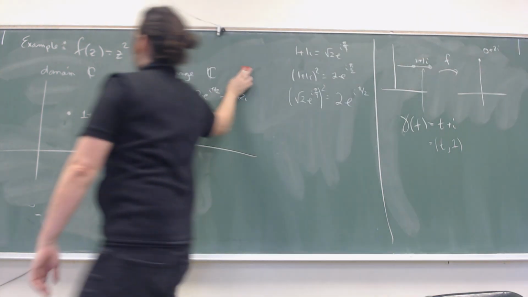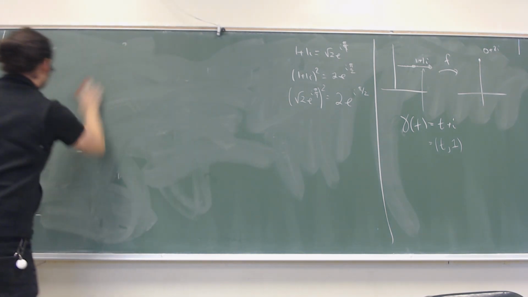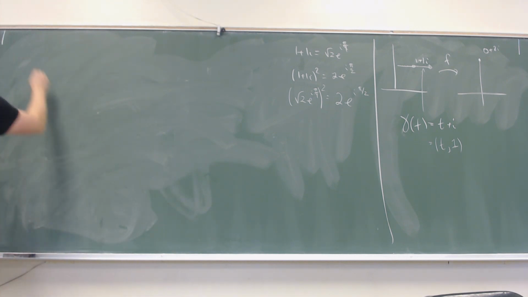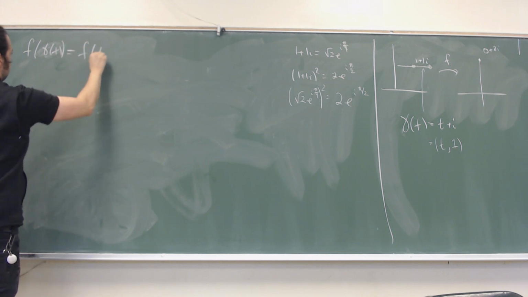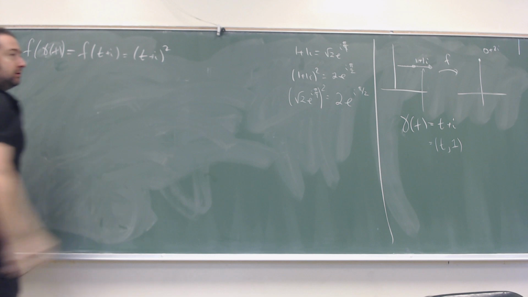Well, so this is a computational exercise. And the computational exercise is just to calculate f of z on gamma, so f of gamma of t is equal to f of t plus i, which is (t plus i) squared.